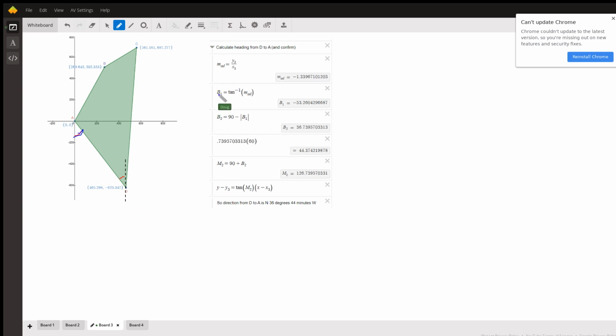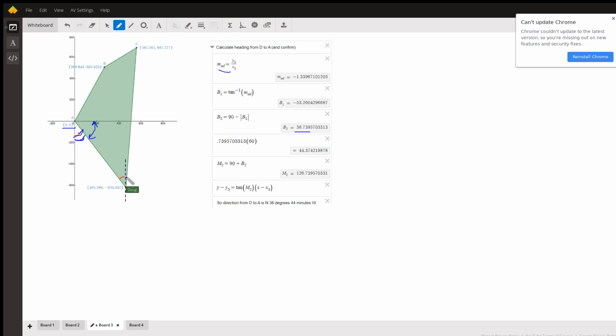And to do that, find the slope of that line right there by putting y sub 3 over x sub 3, because we're changing y, change in x will be with the point (0, 0). And the inverse tangent of that slope will give us this angle right here, negative 53 degrees. But if we subtract 53 degrees from 90, that'll give us the size of this angle, which is 36.7.